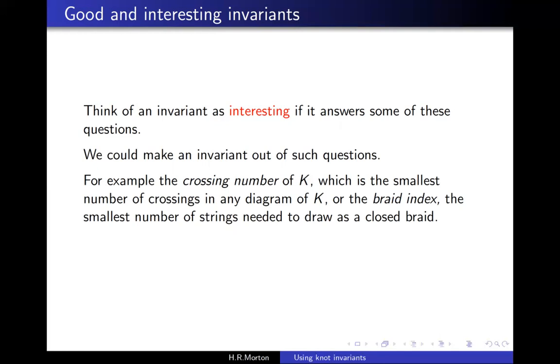We had Sergei look the other day at the Thompson index for constructing them from a Thompson group, any sort of thing like that. But that sort of invariant isn't generally terribly easy to calculate, because in principle, you've got to look through all possible diagrams of the knot to answer it. And that's not really a feasible thing to do.